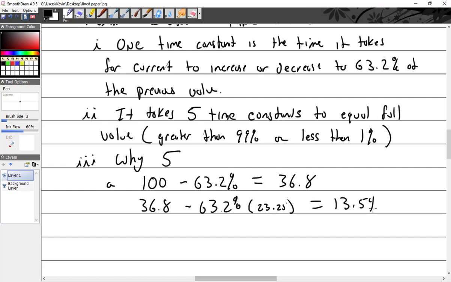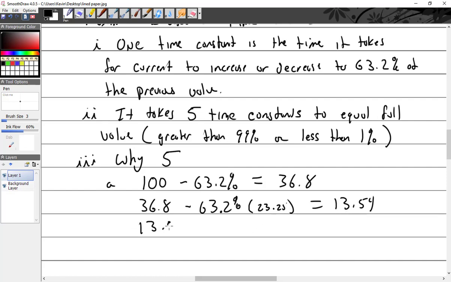One time constant is how long it took to lose 63.2% of its level. That left me with 36.8. Subtract another 63.2%. What is 63.2% of 36.8? It's 23.25. That's what I subtract, so I'm left with 13.54.